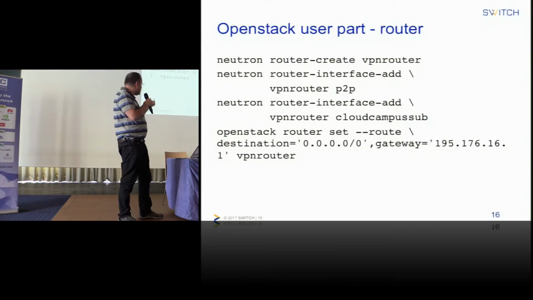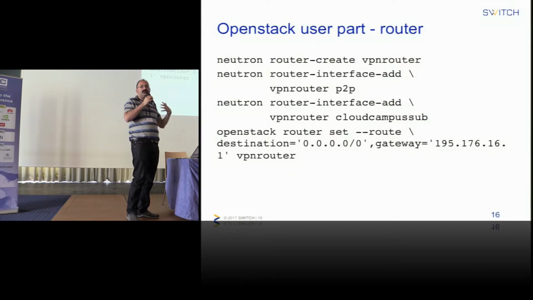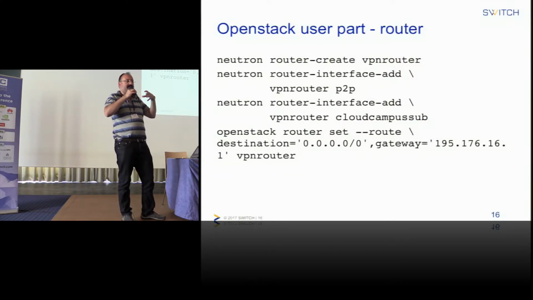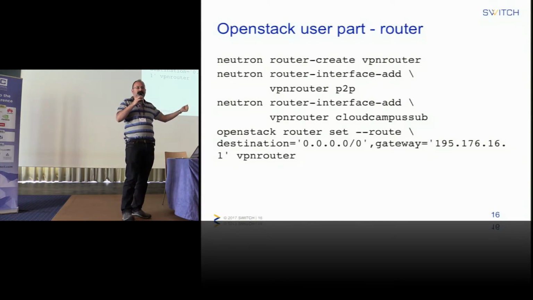Okay, and last part, we create the router in the OpenStack network node, and we attach these two networks. So summarizing, we have the usual OpenStack router in the network node, the namespace. On one side, you have the tenant network where the VMs are attached, and up to here everything is simple.